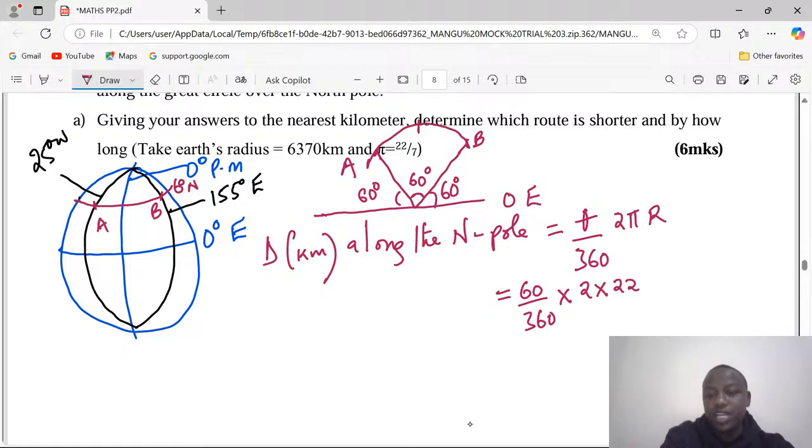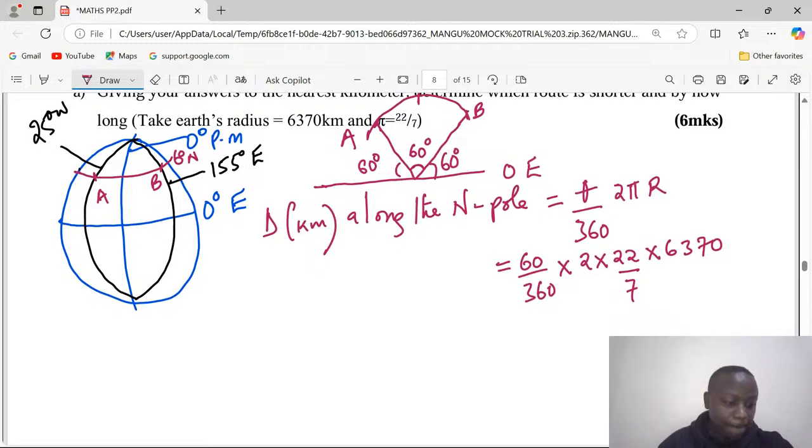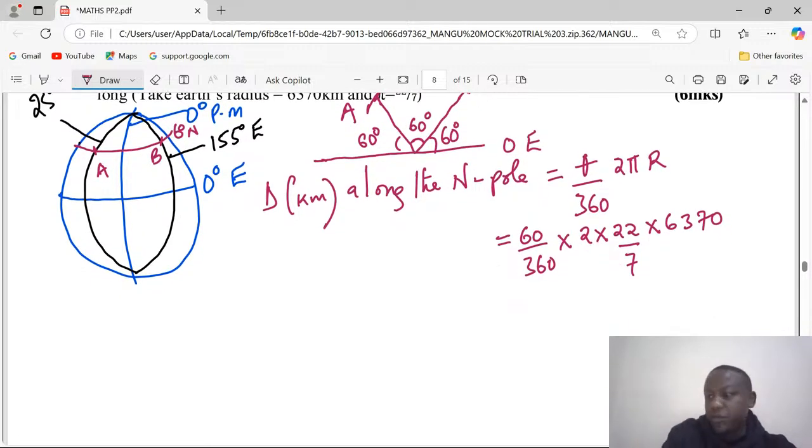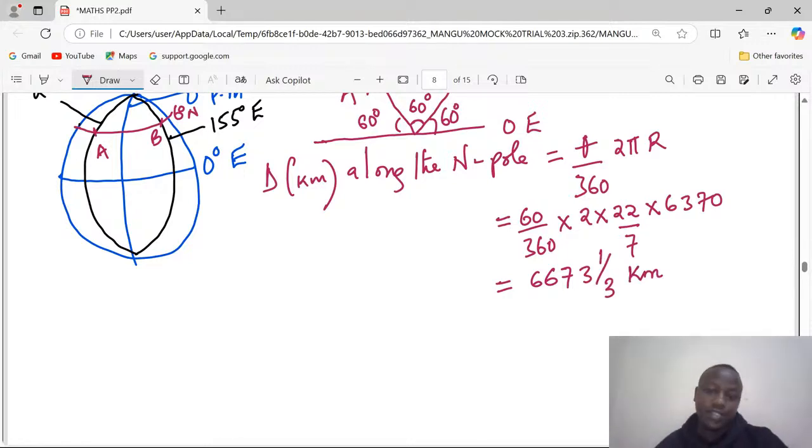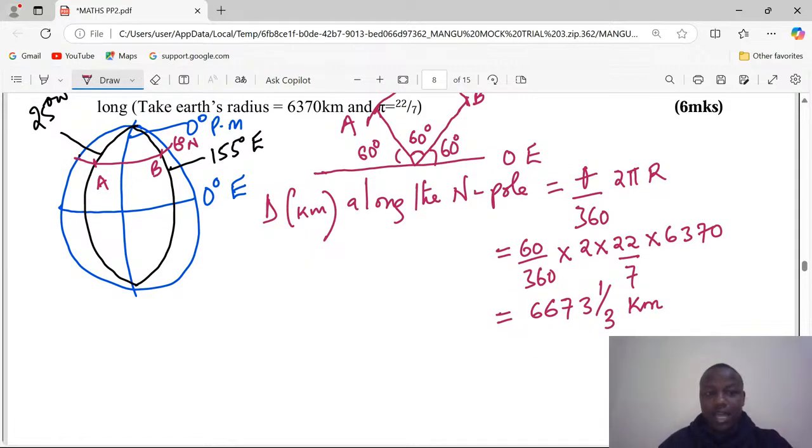The pi is already given, r is 6370. So we can now get the length as 6673 and a third kilometers.